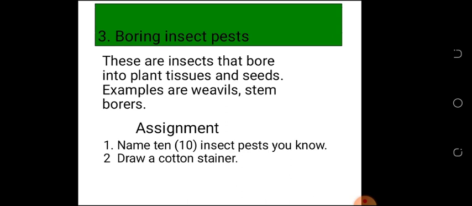And your beans, when you leave your beans for some time, you notice that some holes are bored into those beans. It is caused by this insect. And when you put the beans in water, they float because the insect has eaten the main part of the seeds. Examples of these pests are weevils and stem borer.